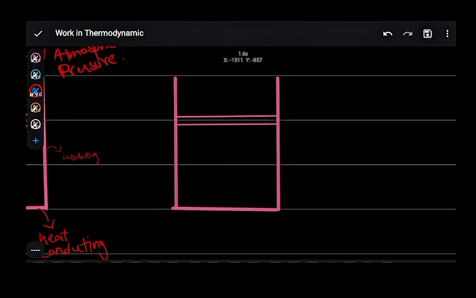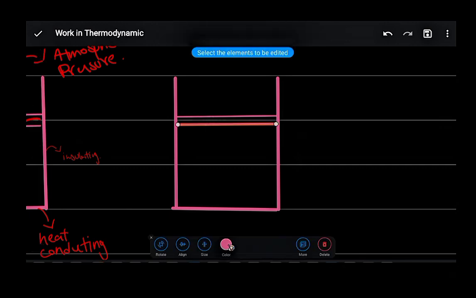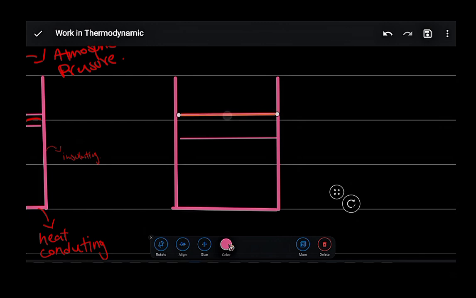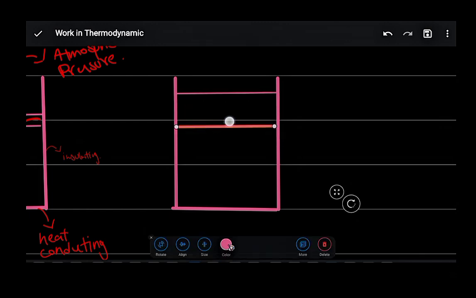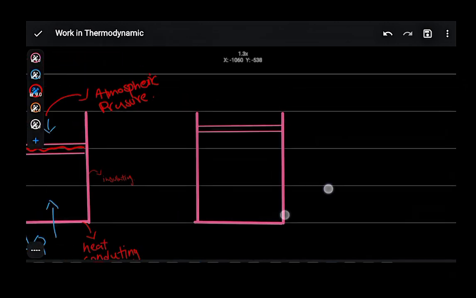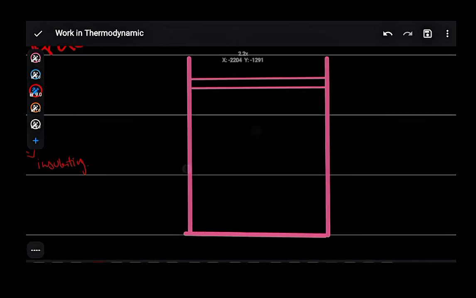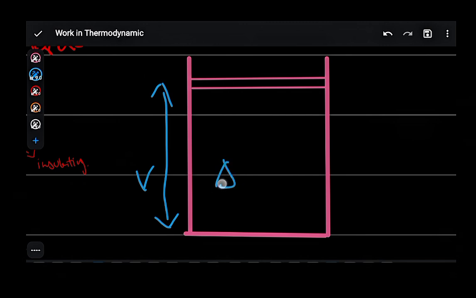The piston will go up, same as this one. So simply the volume will be increased, and there will be a change in internal energy.